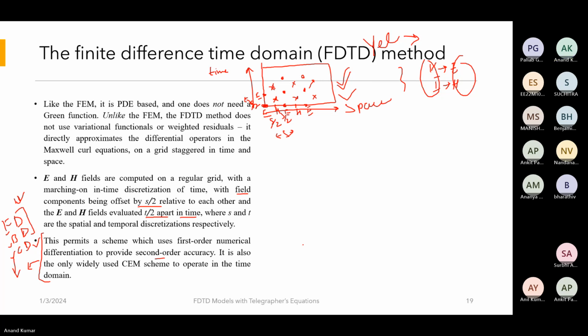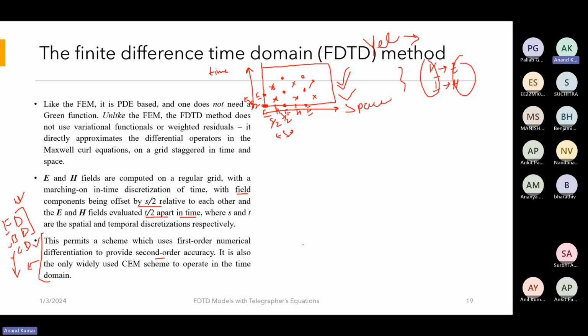What is the reason for that? In the FDTD scheme, why do we not discretize them? We generally discuss only the curl equations, but we do not discuss the divergence equations. So why don't we do that as well?